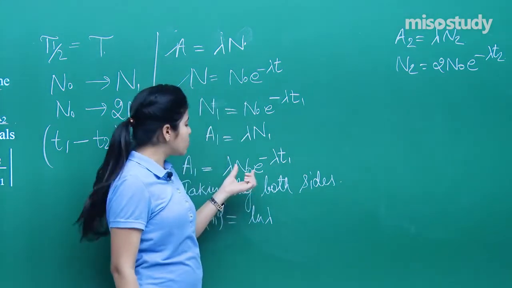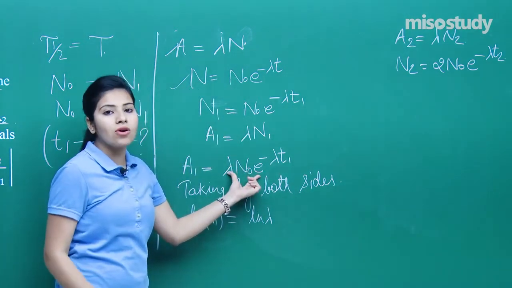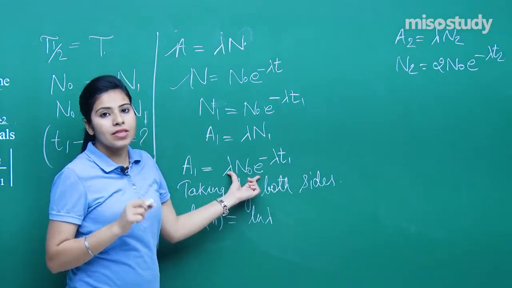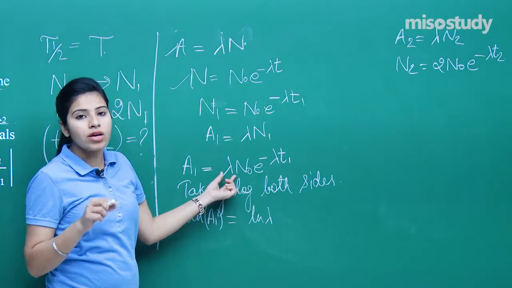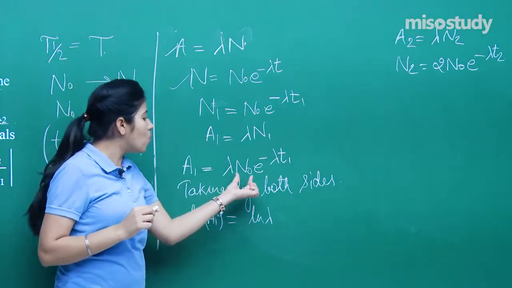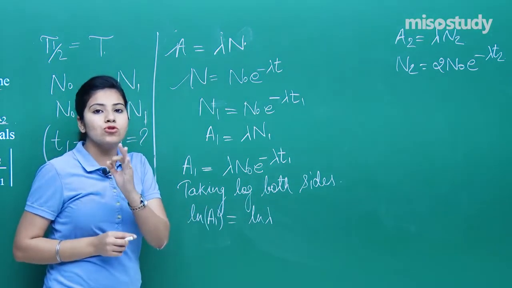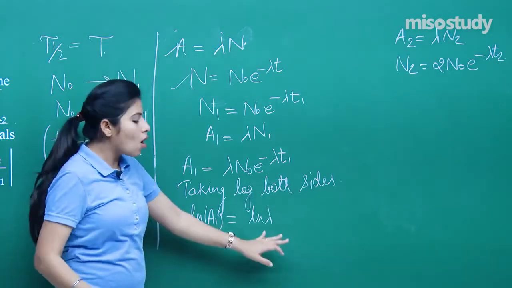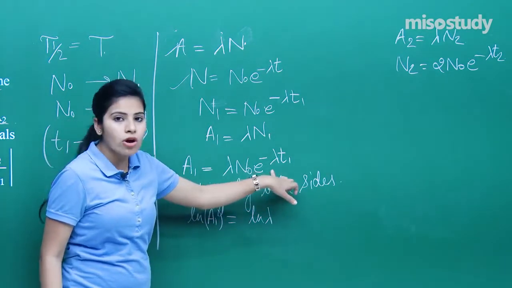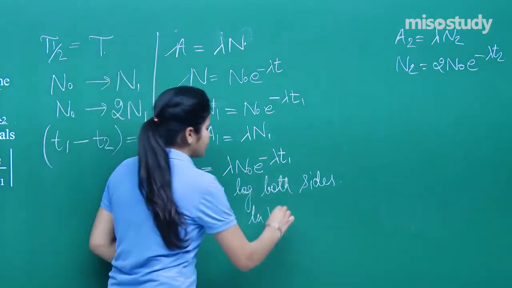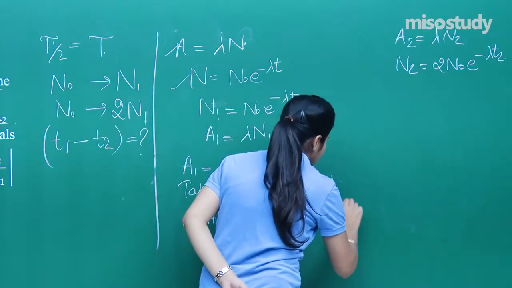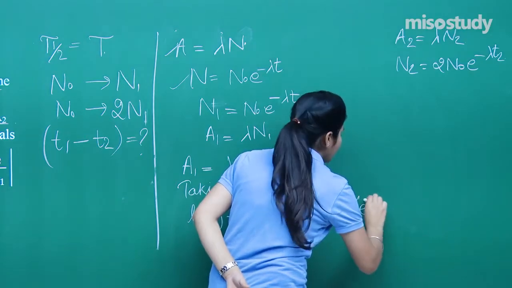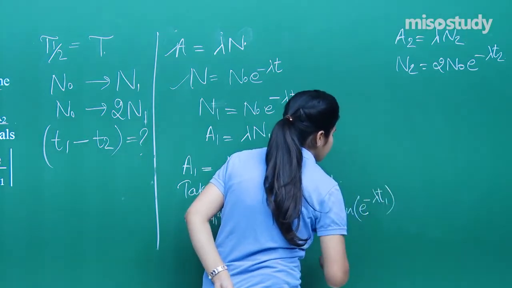If you can see, they are all in multiplication, they are a product. So what happens in the case of log? If you take the log of all these three terms, they are added separately. So log lambda plus log N naught plus log e raised to the power minus lambda t1.